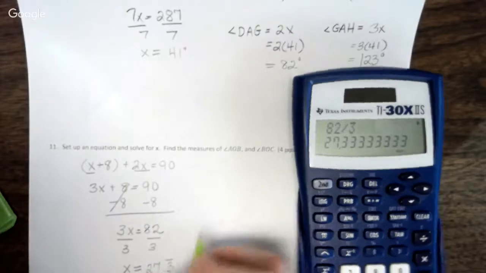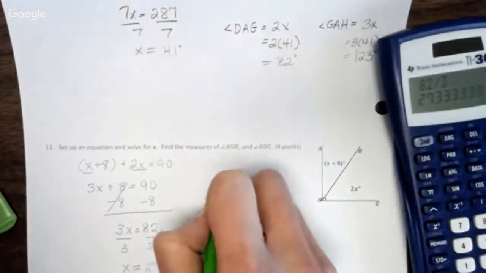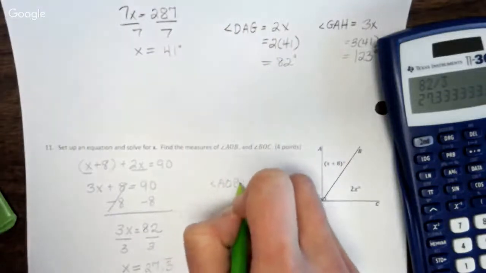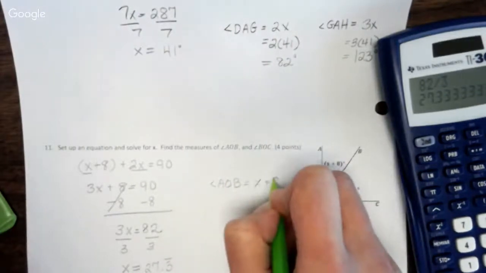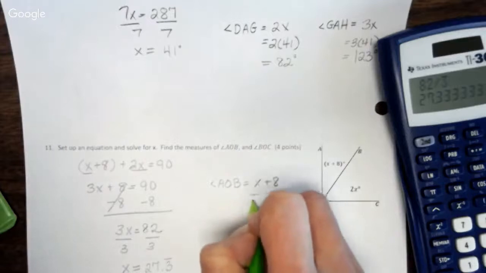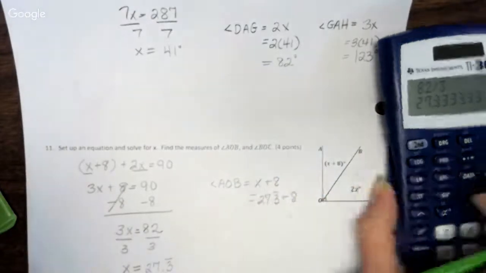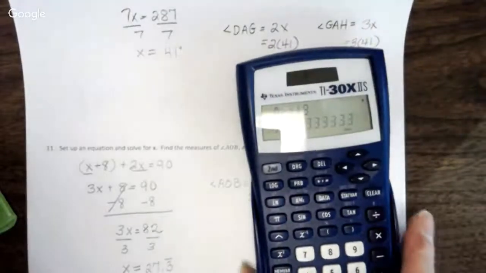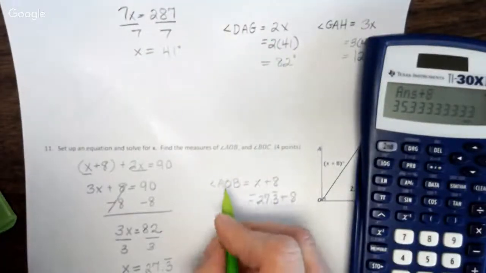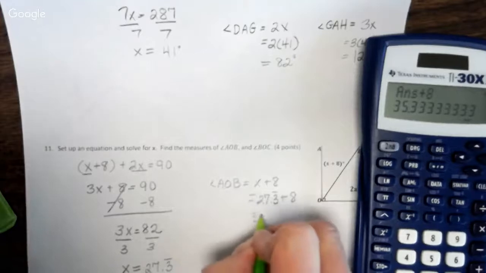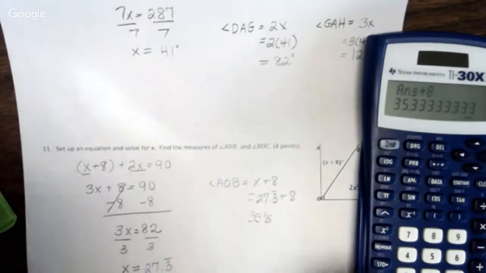So 82 divided by 3 is 27.3 repeating. All right, so let's go back and do AOB, which is x plus 8. So 27.3 repeating plus 8. So all I have to do is add 8 to that, which gives us 35 1/3, or 35.3 repeating.